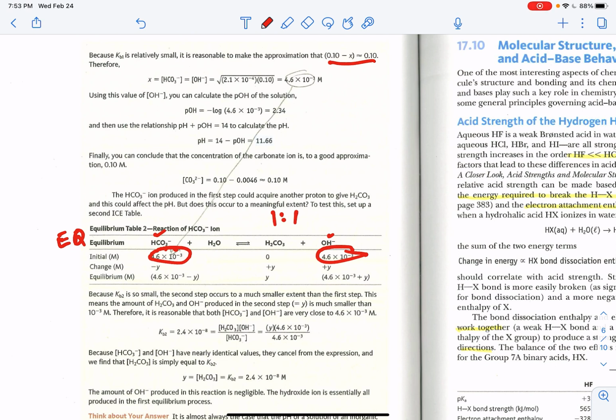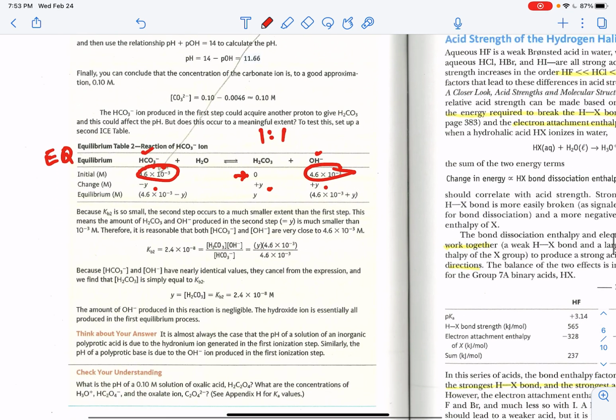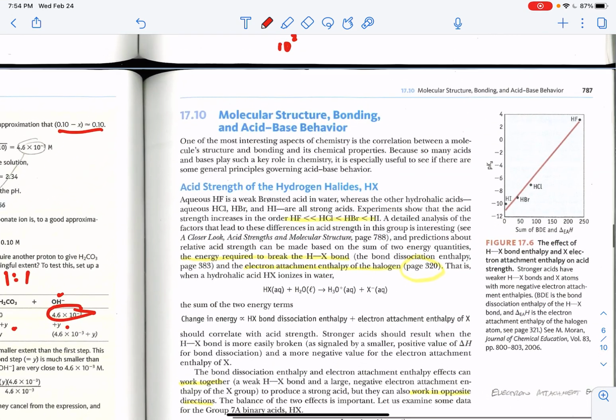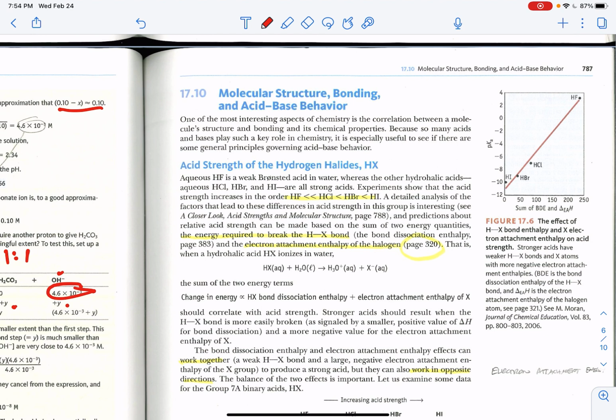And again, I have minus, plus, plus, because in this case, the reaction is going to go to the right again, because remember, it has to if you've got a 0 there. Now I plug my numbers in, and then you can see my molarity. Solve for the molarity of the carbonic acid. And the hydroxide produced in this reaction is very, very, very small. It's not really that important as far as consideration.